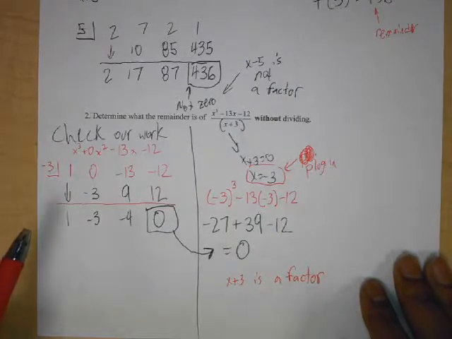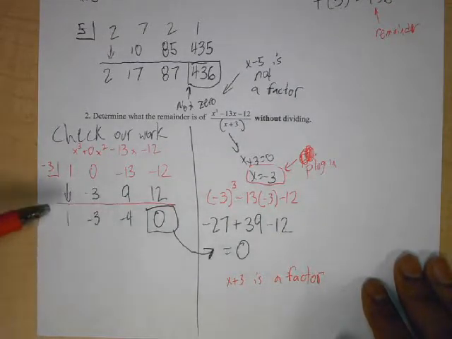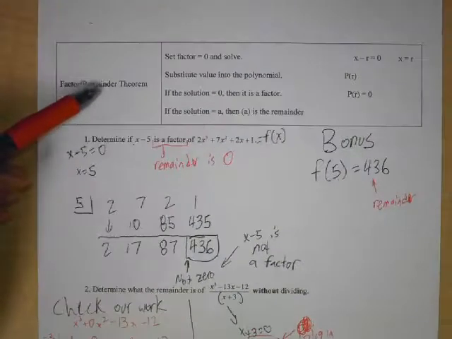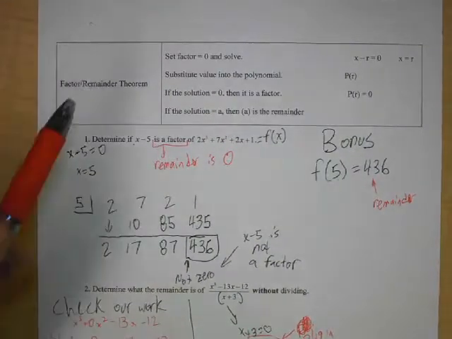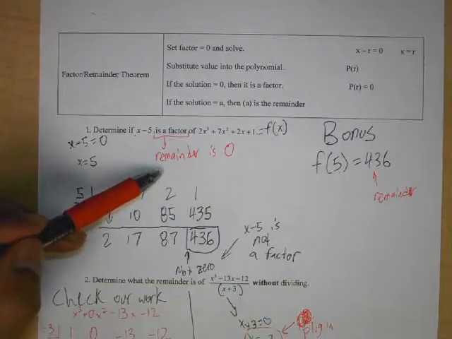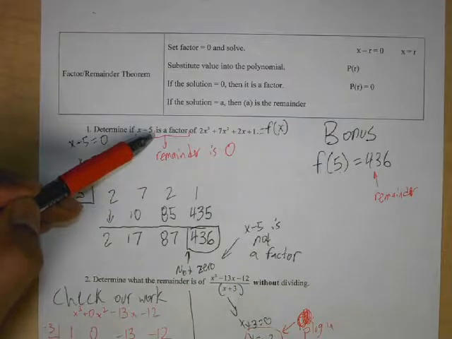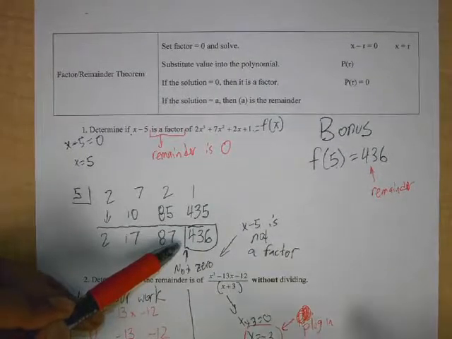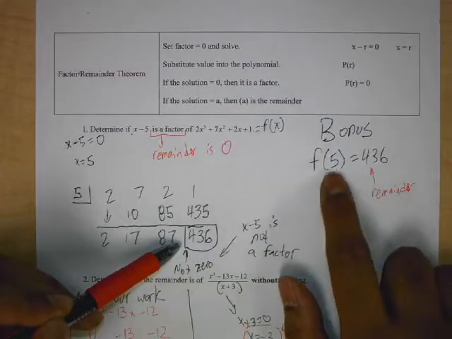So, to sum it up, right, you should be able to now use synthetic division, okay? And you should be able to plug in the factor and remainder theorem to help you make some conclusions, right? So remember, if you get a remainder that is 0, then you know something is a factor, okay? And if you get a remainder that's actually a number, you can figure out what actually that value is.